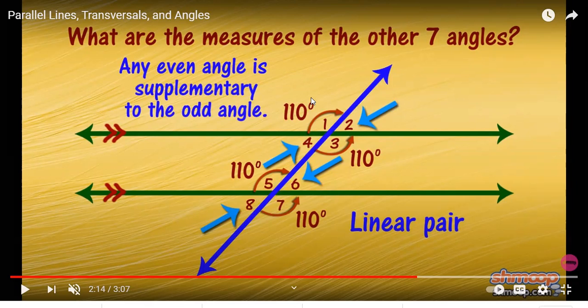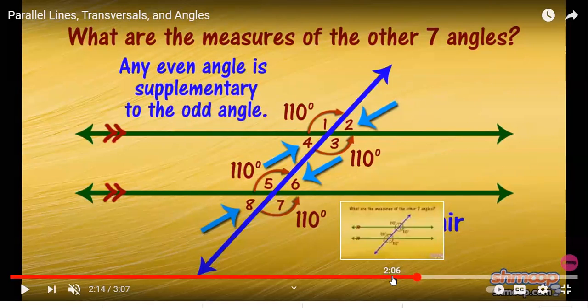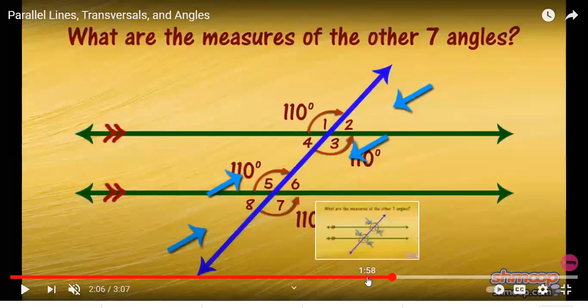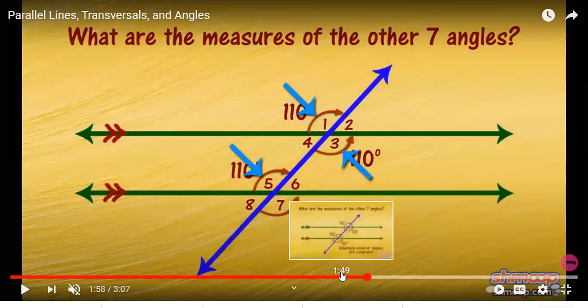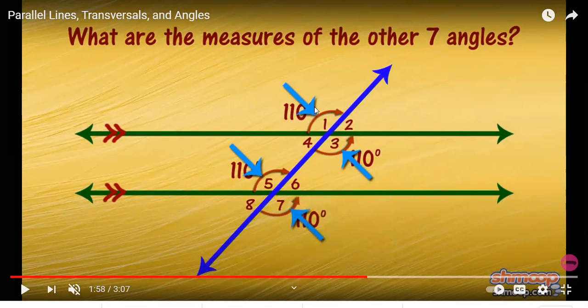Then we have linear pair, we have vertical angles, we have alternate interior, we have alternate exterior, and same side. So these are two vertical angles, okay?